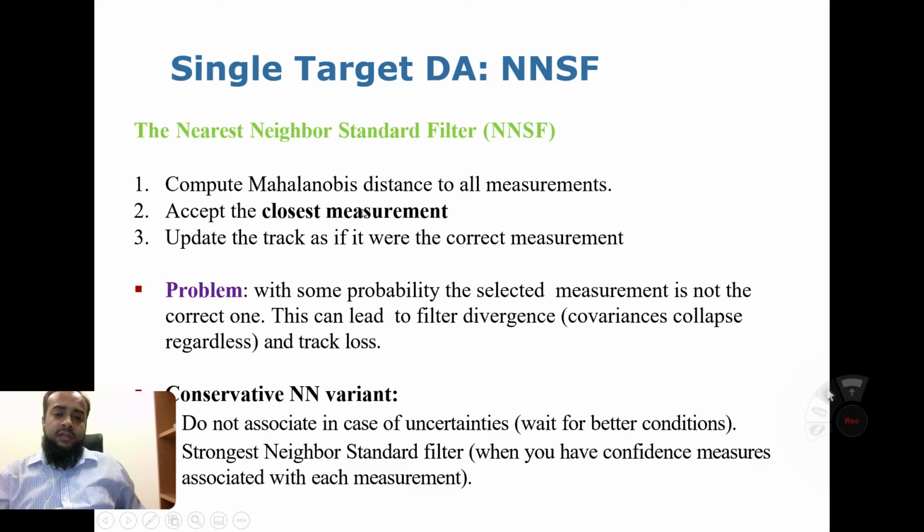To do so, we apply a validation threshold, and if the distance is less than the gating threshold, then those measurements are accepted for the track update. Then we update the track as if they were the correct measurements.